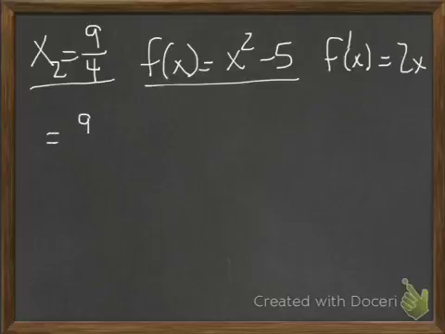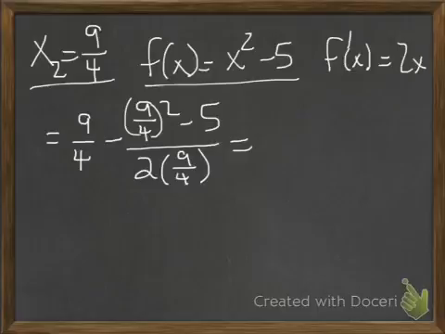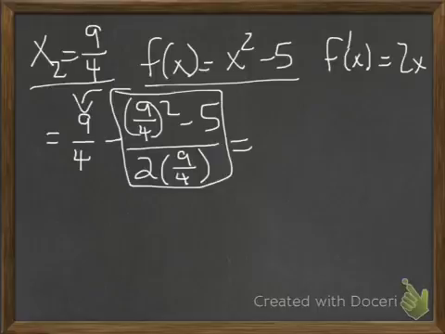We have 9/4 minus 9/4 squared minus 5 over 2 times 9/4. And when you simplify this and subtract that from 9/4, you get an answer of 161/72. And that is our third guess.